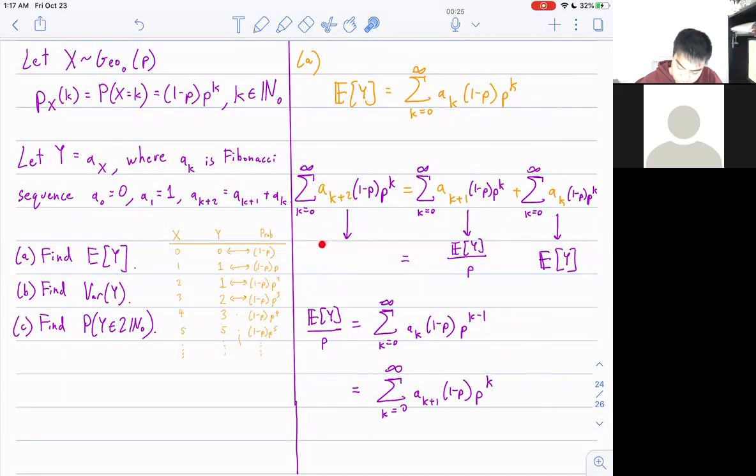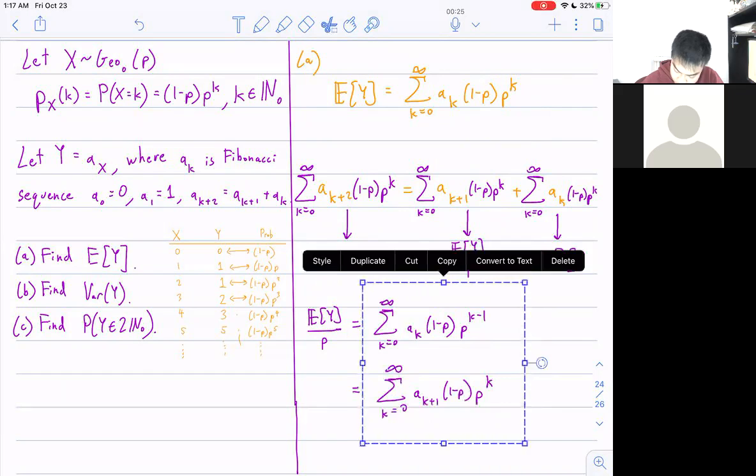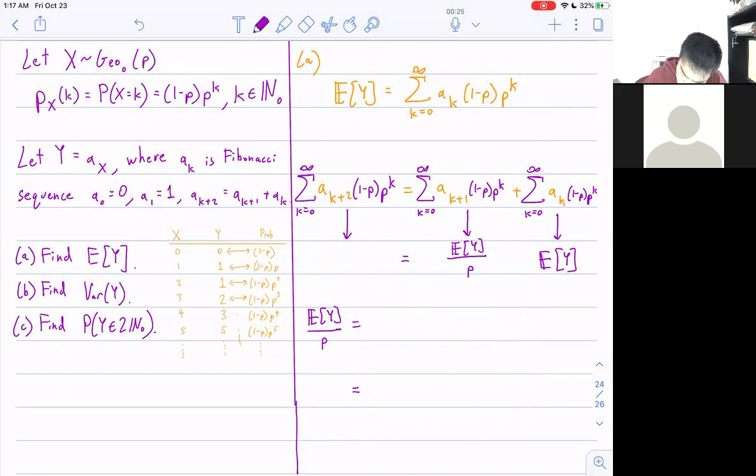Now let's do a similar trick for this term right here and see what happens. So we'll remove all of this. And to try to get this k+2 and this p^k, this offset term, let's consider this expected value of y divided by p squared. So upon doing that, we get the summation of k equals 0 to infinity of a_k times (1 minus p) times p^(k-2).